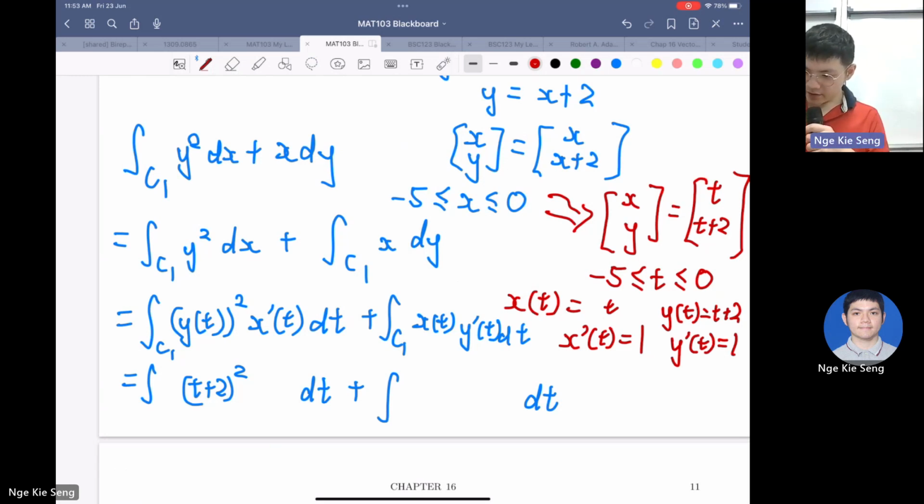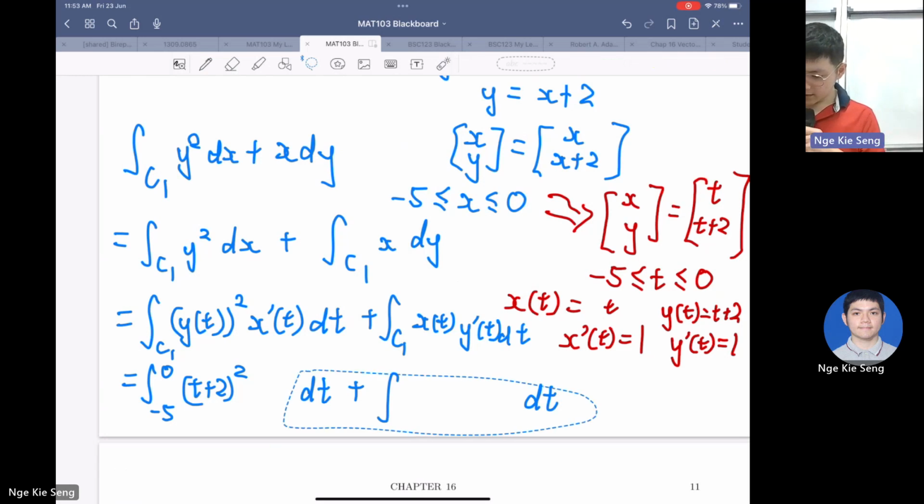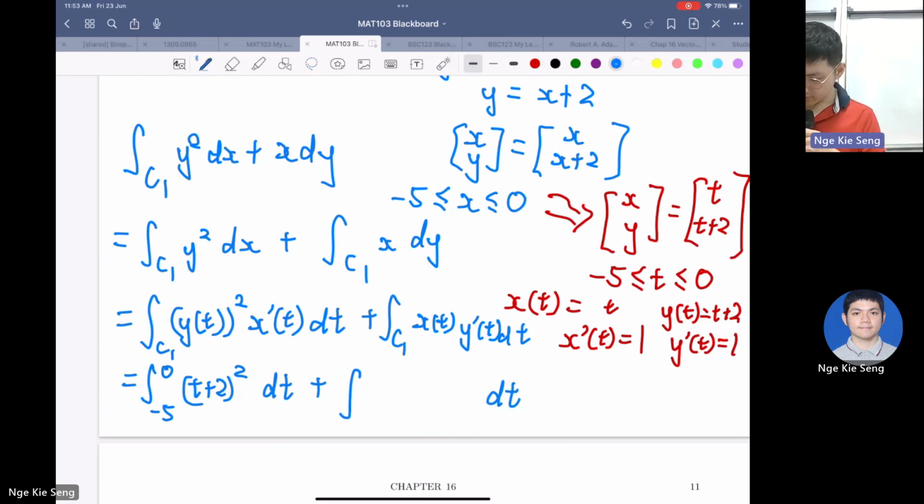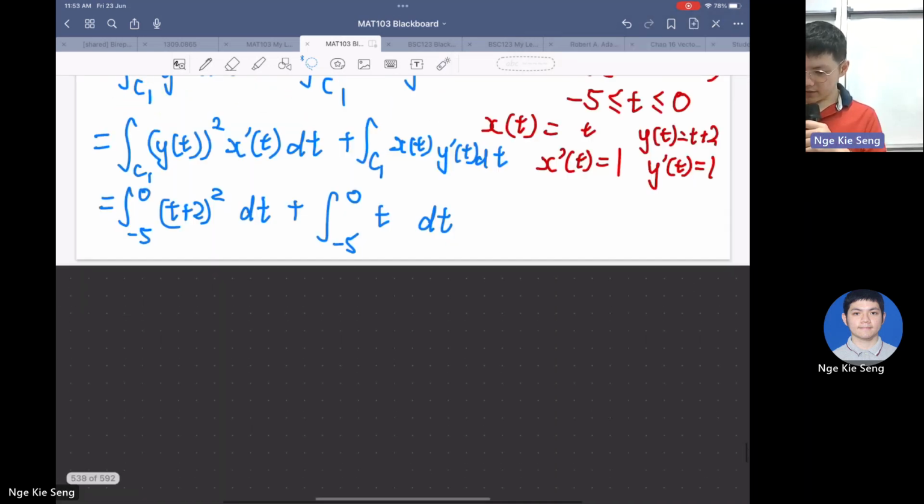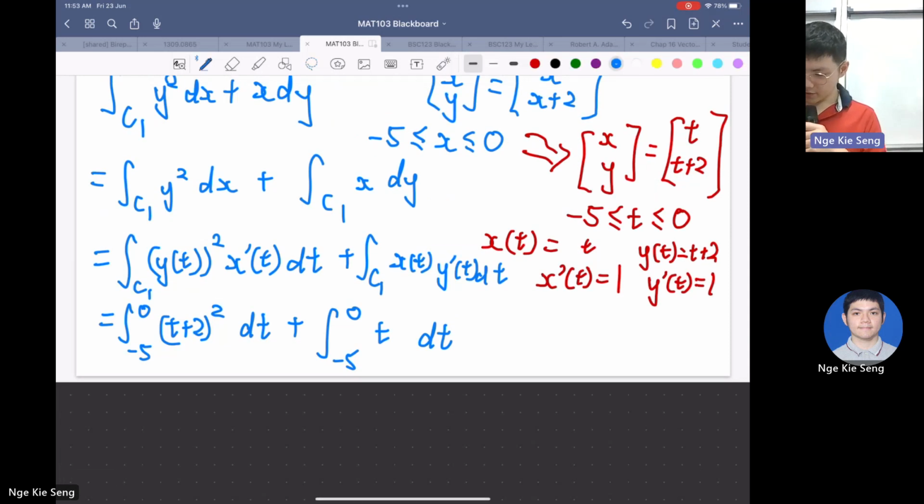So in this case we need to integrate from -5 to 0 of t plus 2 squared dt, plus also from -5 to 0 of x of t. What is x of t? It's just t. So what's this integral? We can quickly do this. This is t squared plus 4t plus 4.